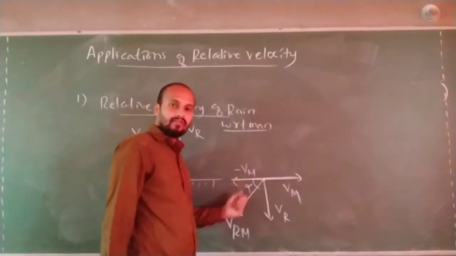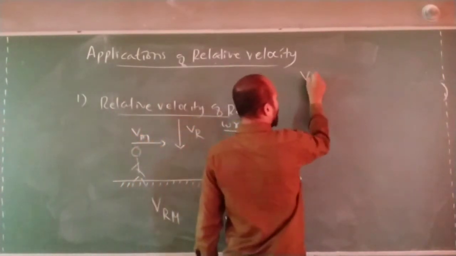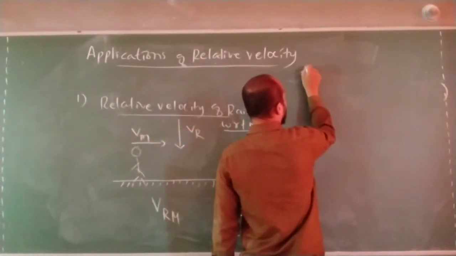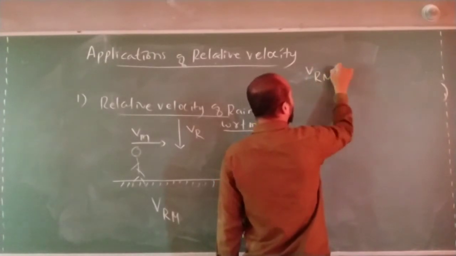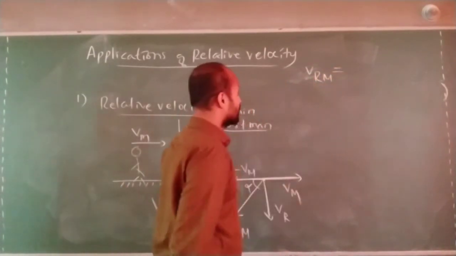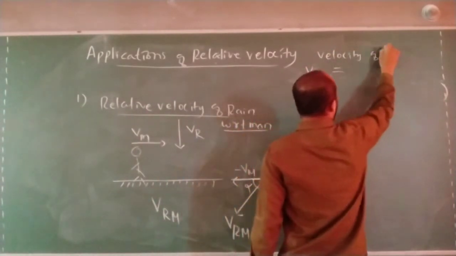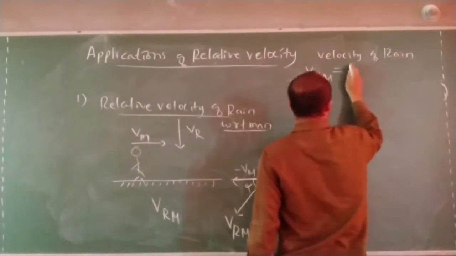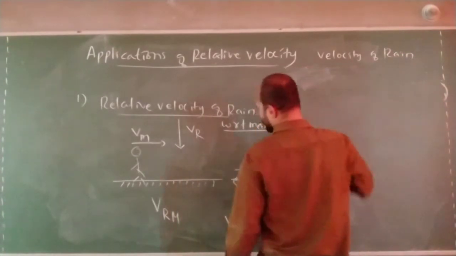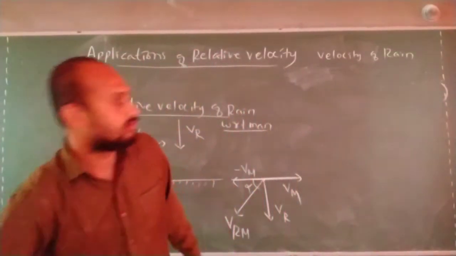I have to put only the values. First one, velocity of rain. Okay, already I have written it.